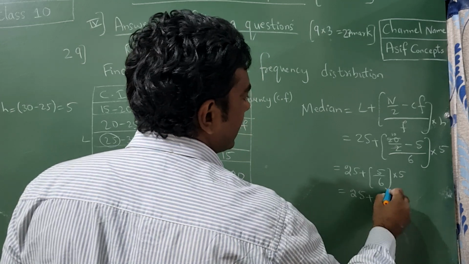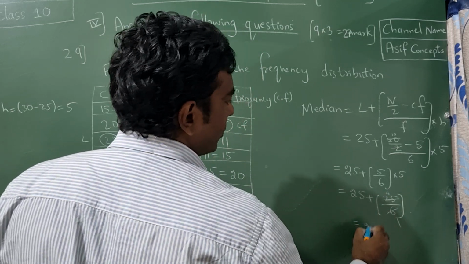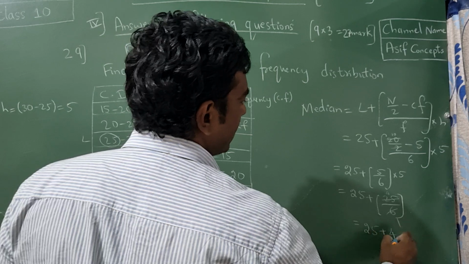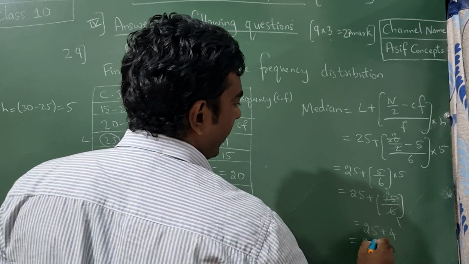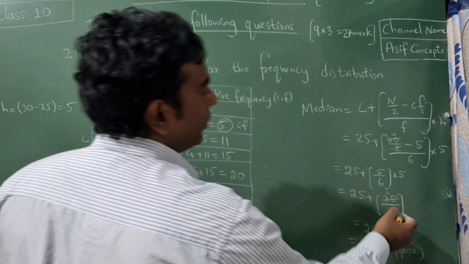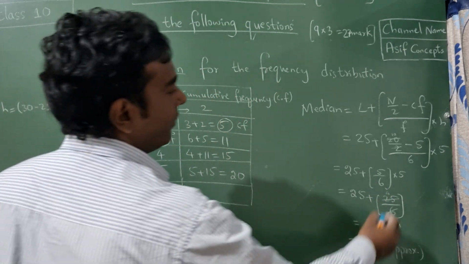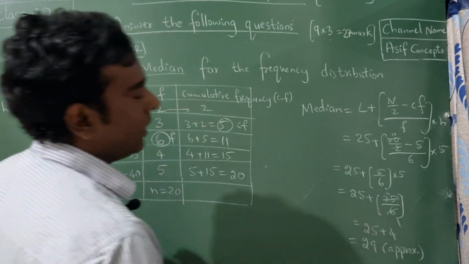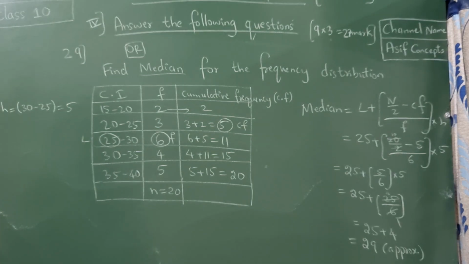Now 6 ones are 6, 6 4s are 24. So 25 plus 4 is equal to 29, and write here approximately. You don't need to find the exact value. If it is approximately, then you can write approximately. Okay.